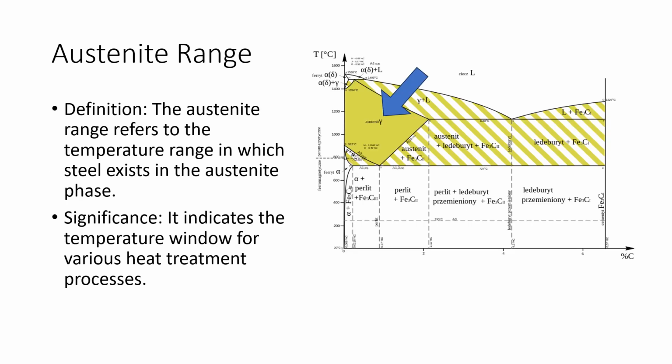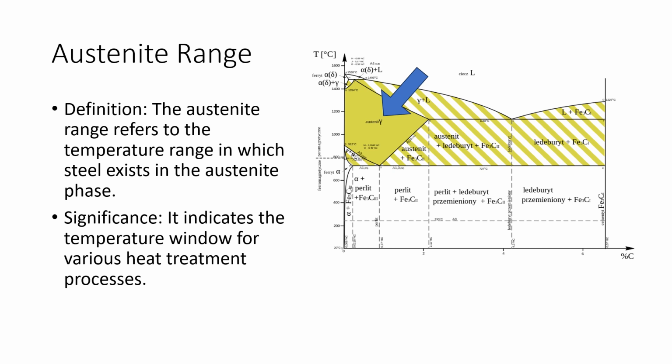If you look at a phase diagram, this convoluted diagram is an iron-carbon phase diagram. And when you look at it right there, the arrow is pointing at the solid semi-green color. That is our austenite range.